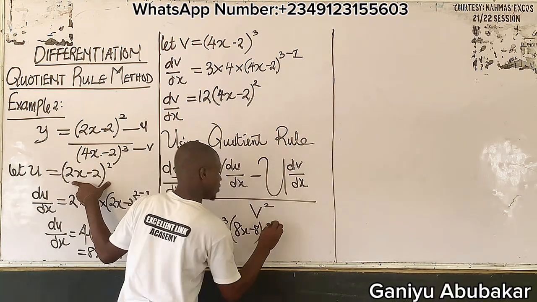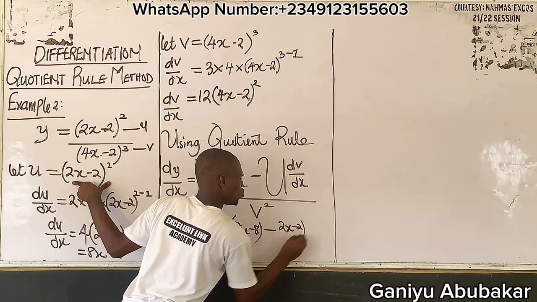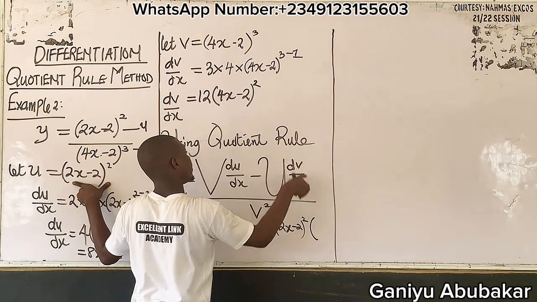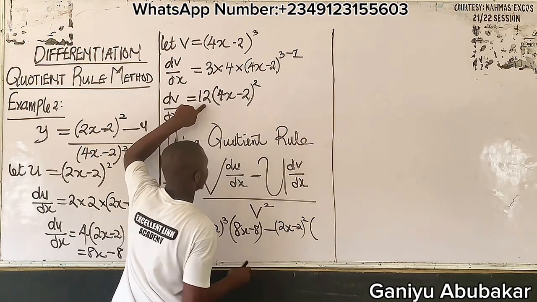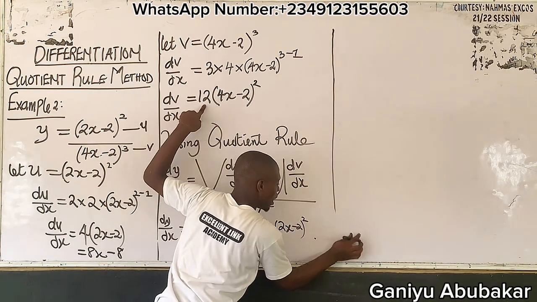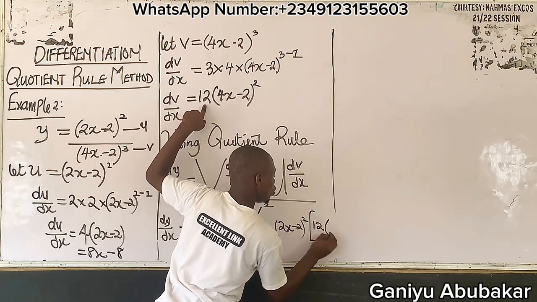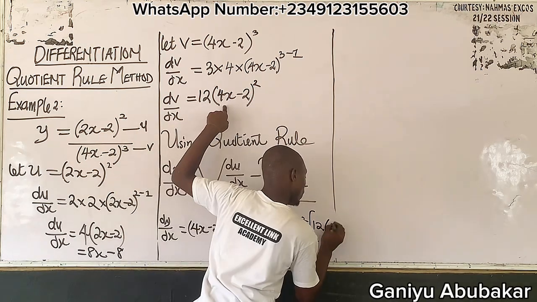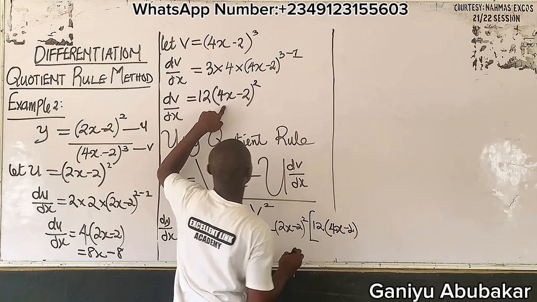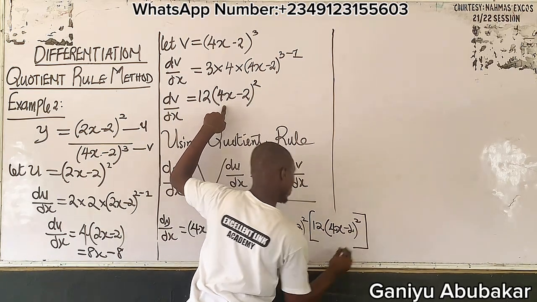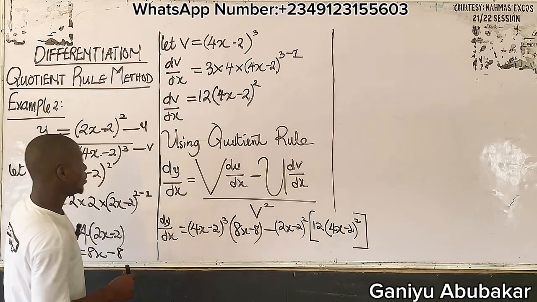Of course, u is (2x - 2)², into, what's dv/dx? It's this. So I had to open a square bracket. That's 12 into (4x - 2)², the value for dv/dx.